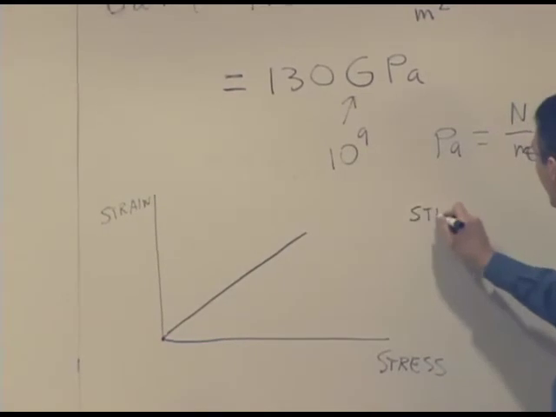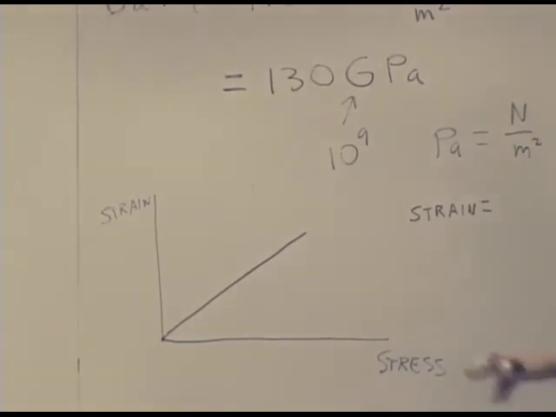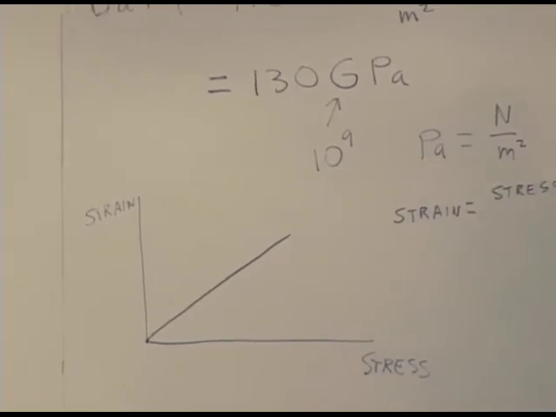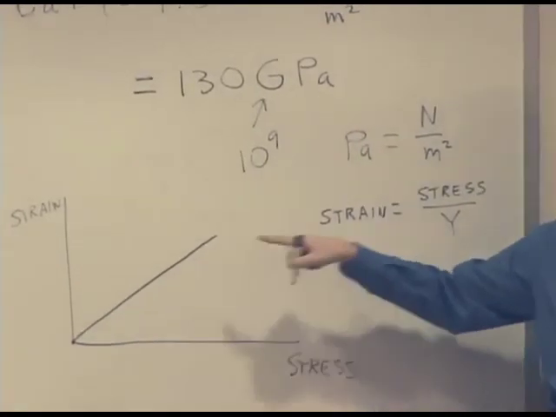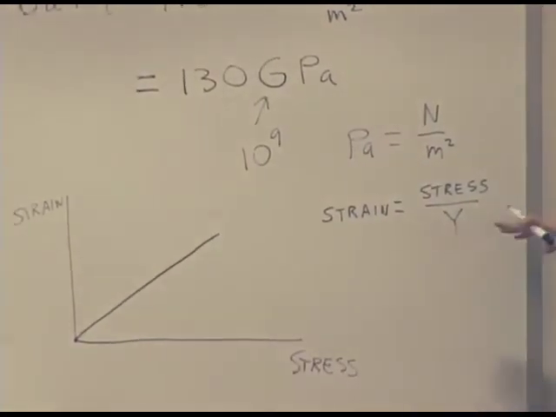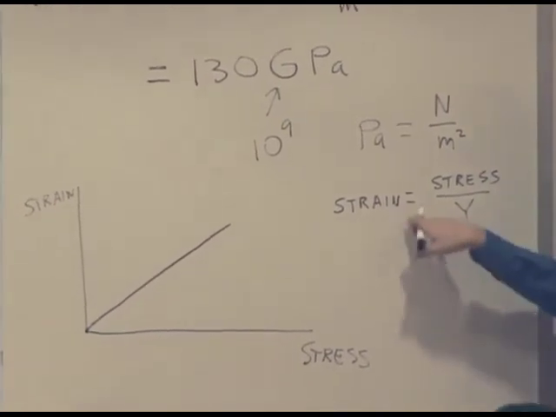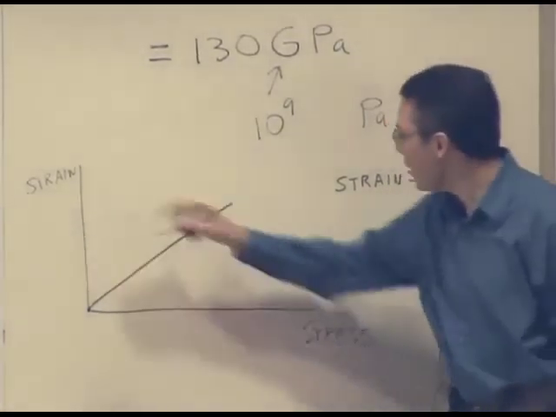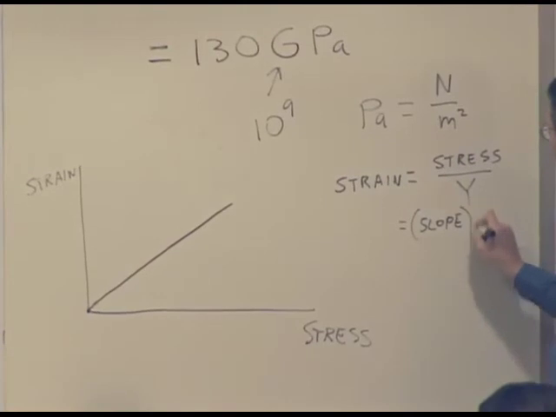And in fact, strain is equal to, what would it be? Strain would be equal to stress divided by Y, right? So the slope of this line is what? So strain is equal to slope times the stress.